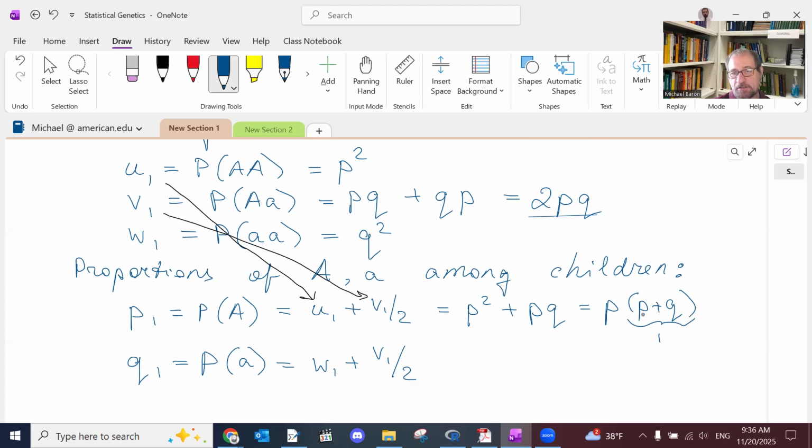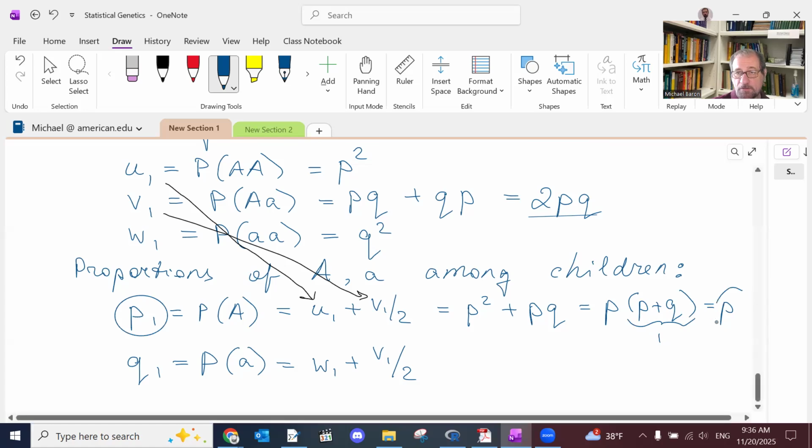All the genes can have just two alleles, either dominant or recessive. So this is 1, so we get P. Look, P1 always equals P. The proportion of dominant genes does not change as we go from one generation to the next.